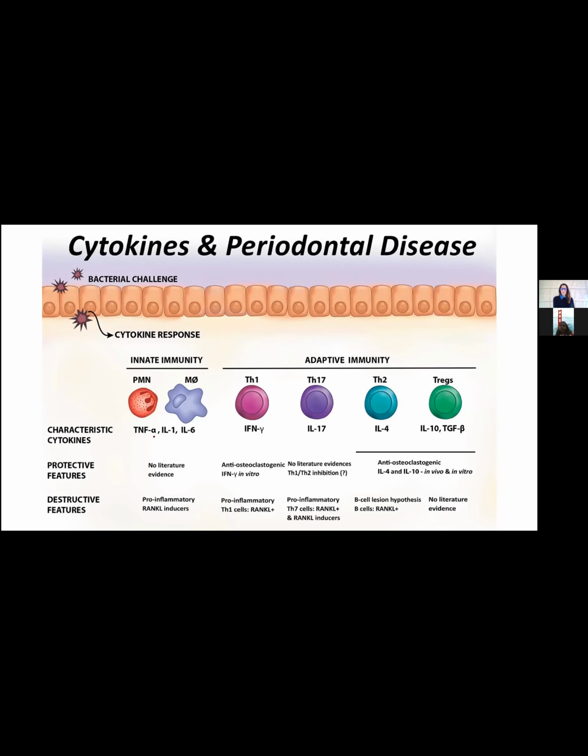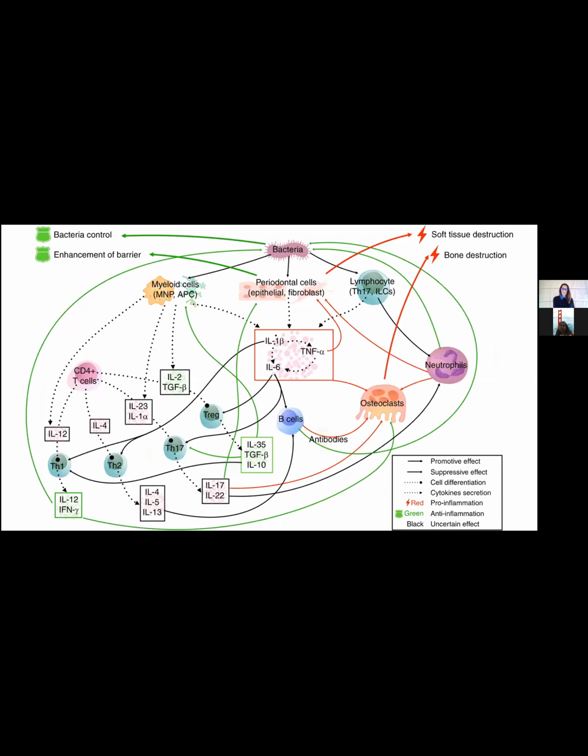So look at this, going back to the Nature article, the central theme is how innate immunity is causing all the destruction. The same three molecules I am showing here: interleukin 1 beta, interleukin 6, and tumor necrosis factor alpha. Three characteristics of the innate system. If you come outside, we have other molecules like interleukin 23.